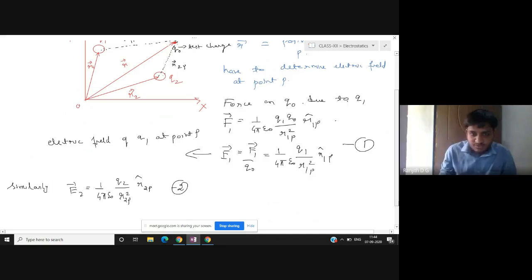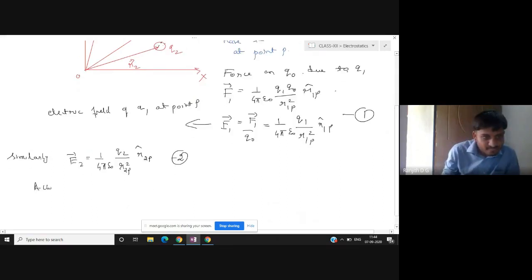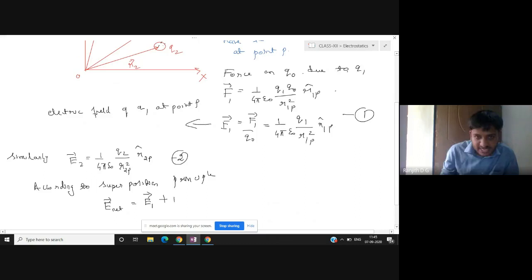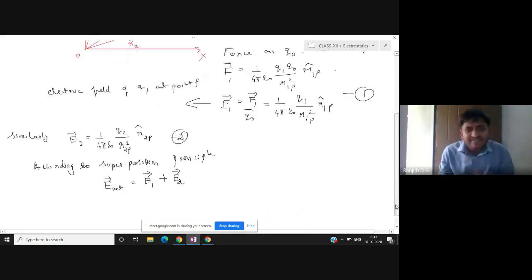Now according to the superposition principle, it says that the net electric field at the point P, E net at point P, is nothing but the electric field of charge 1 at point P plus the electric field of charge Q2 at point P. So you should add them vectorially.